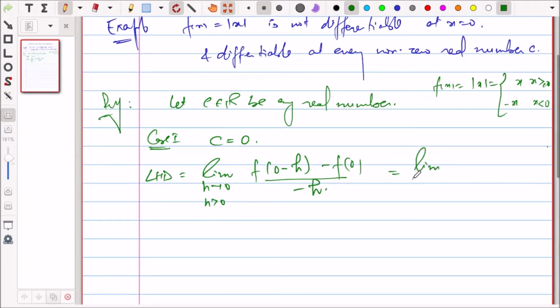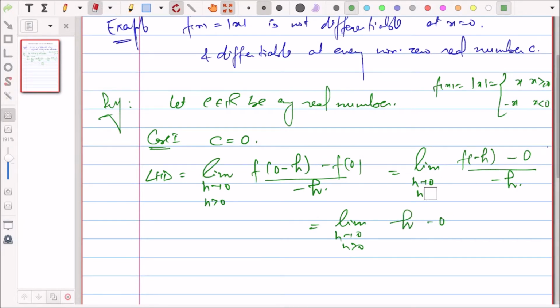Since h is positive, minus h is negative, so f of minus h is h. So you get h upon minus h, h gets cancelled, and you get minus 1 here.